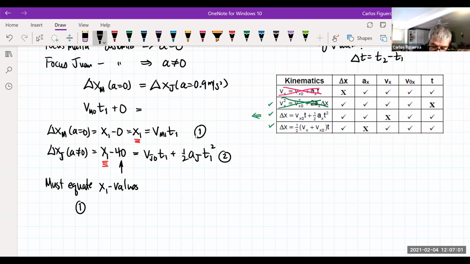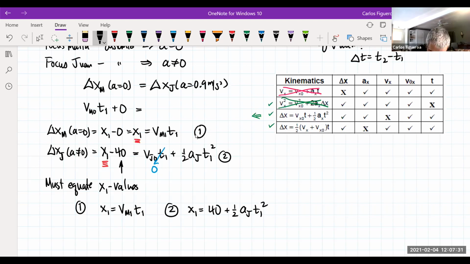Equation 1 reads that x1 equals the initial speed of Maria times T1. Now, if I look at equation 2, if I bring over the 40, x1 is equal to 40, but the initial speed of Juan is 0. So this gives me 1/2 a Juan T1 squared.